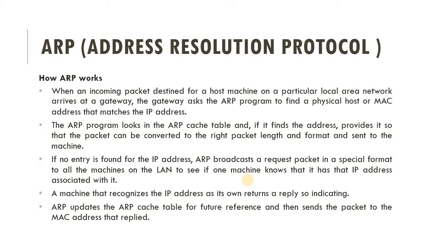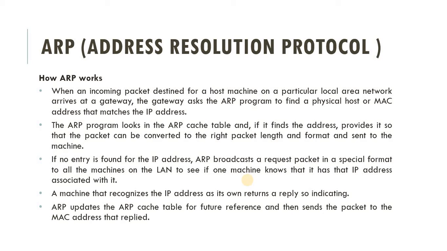When an incoming packet destined for a host machine on a particular local area network arrives at a gateway, the gateway asks the ARP program to find a physical host or MAC address that matches the IP address. The ARP program looks in the ARP cache table, and if it finds the address, provides it so that the packet can be converted to the right packet length and format and sent to the machine.